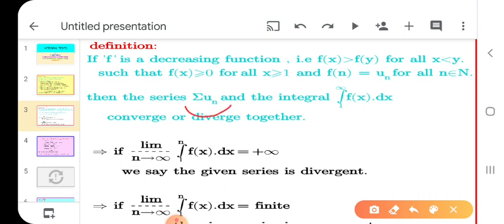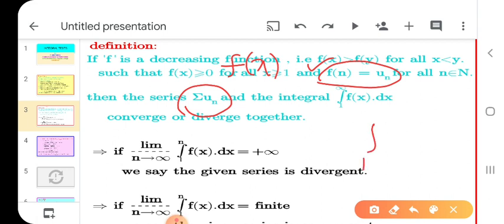First let the given series be summation un. After that let un equal f of n. After that I write the value of f of x. After that I find the integral value from 1 to n of f of x dx only. That means I find the integral of the sequence of partial sums. But we have to find the integral from 1 to infinity.